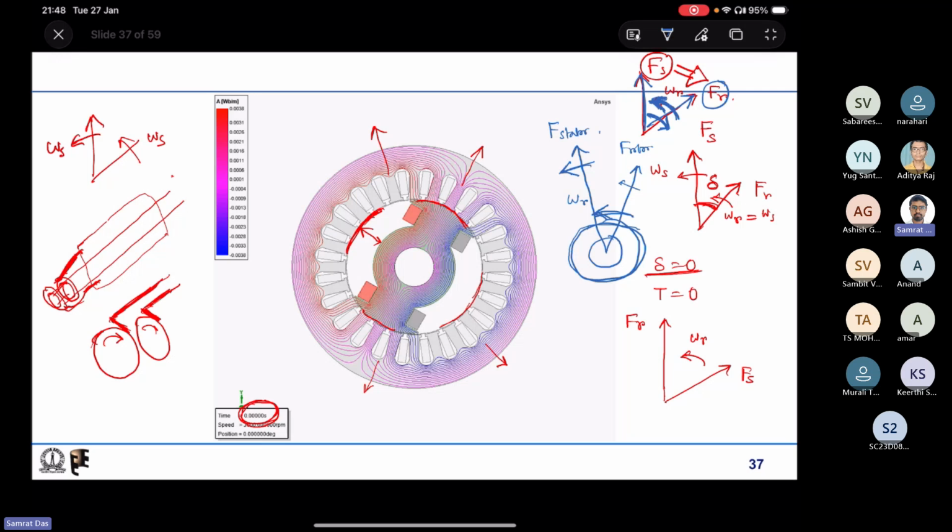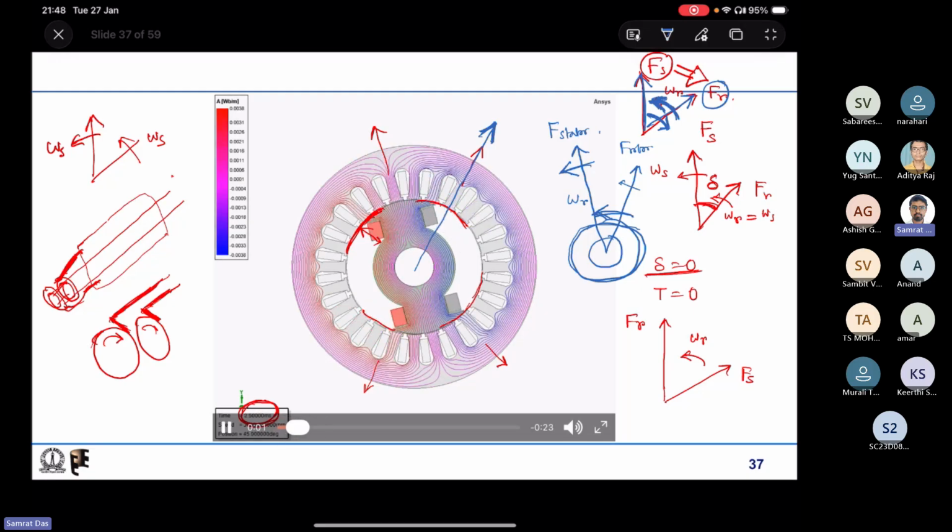To give an instance, at this point of time in this picture, the rotor magnetic field is here, right? And if I run the animation, you can see that the rotor itself is rotating in the counterclockwise direction.